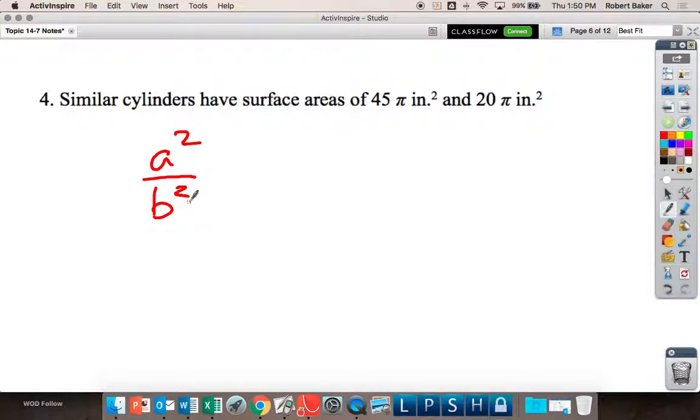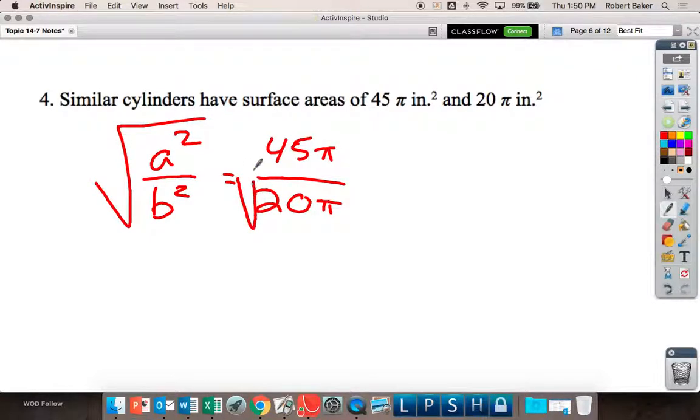And the areas they gave us to compare are 45 pi and 20 pi. And yes, you do have to put the pi in there when you calculate it. So how do you undo squared? You take the square root of both sides. And that should leave us with just A over B. And that's what we want, just the straight up scale factor.